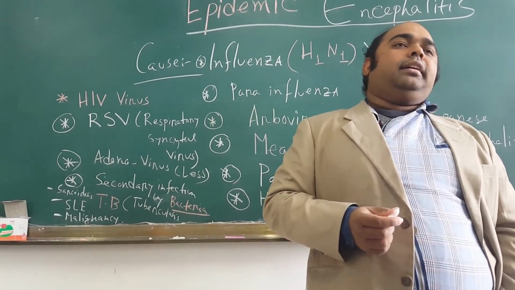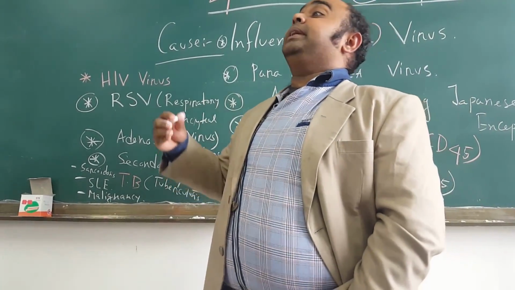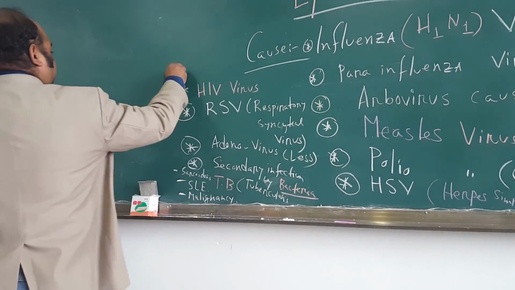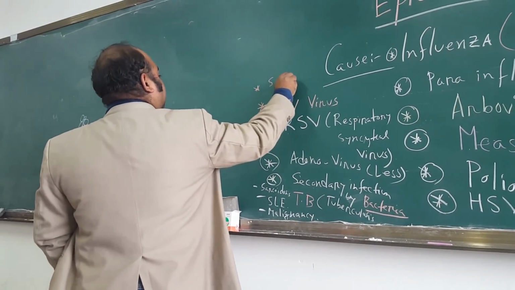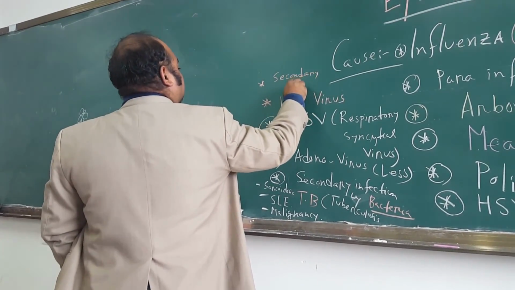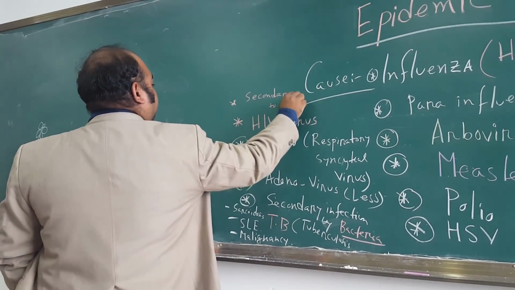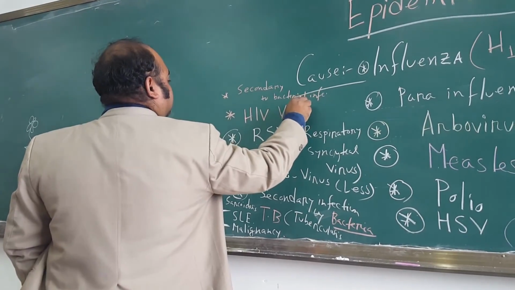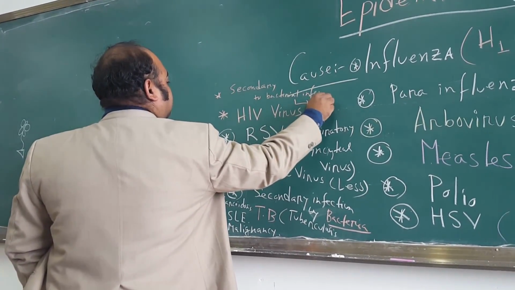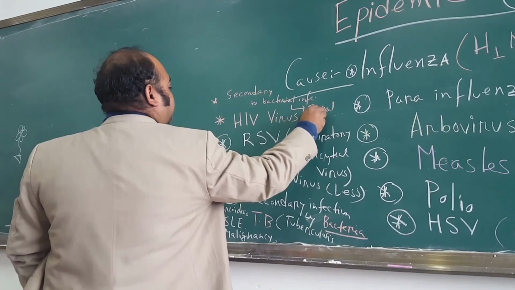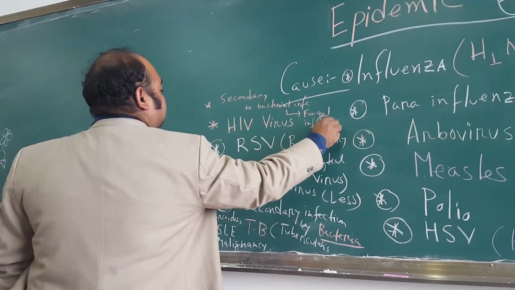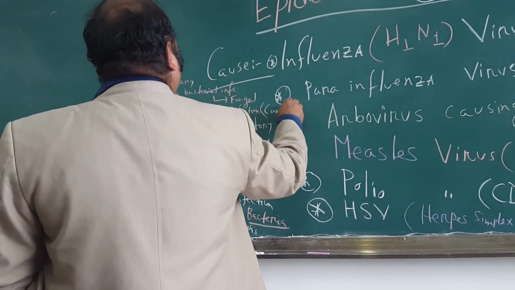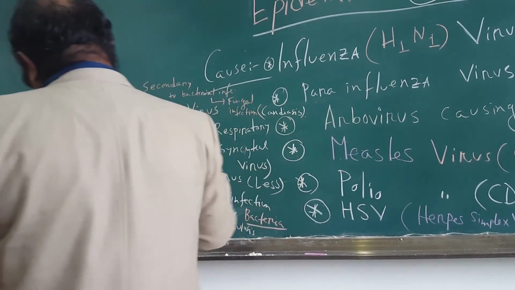And thirdly, if any immunosuppressed patient comes to you, there is also fungal infection, secondary to bacterial infection. You already know, that is candidiasis. Yes or no? So candidiasis also can come. Because our time is short.